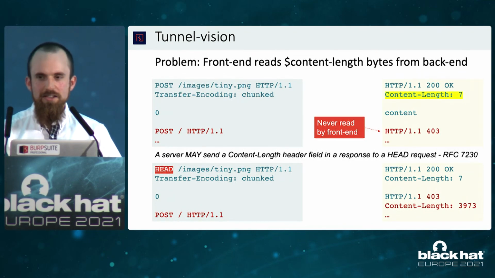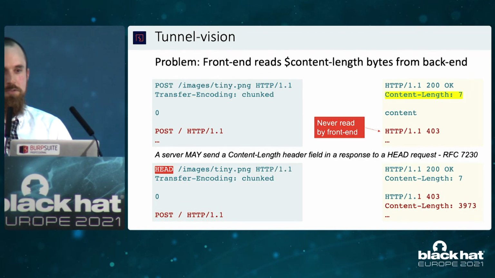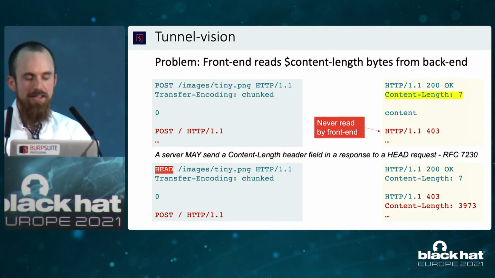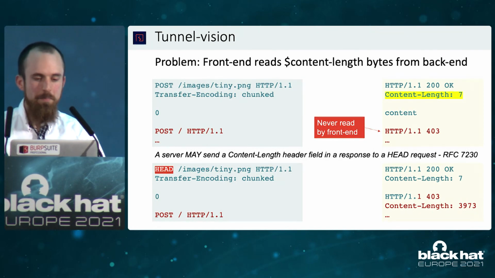That's because their front end hadn't special cased HEAD, and the back end had still served a content length, even though it wasn't actually intending to serve a body, because when you receive a HEAD request, you don't serve a body. So the front end had overread into the nested response from the back end and sent it on to me.